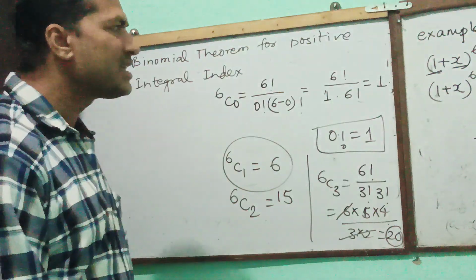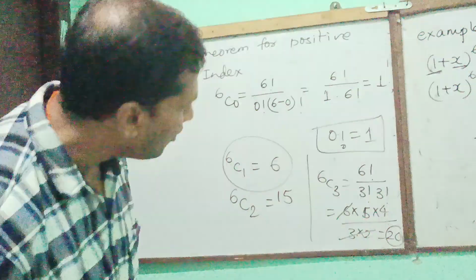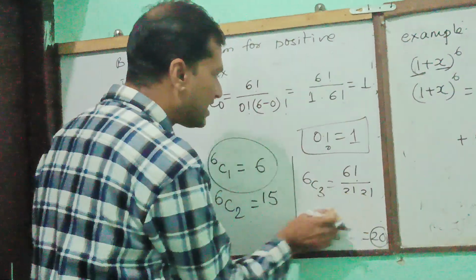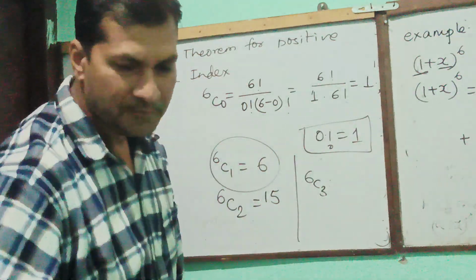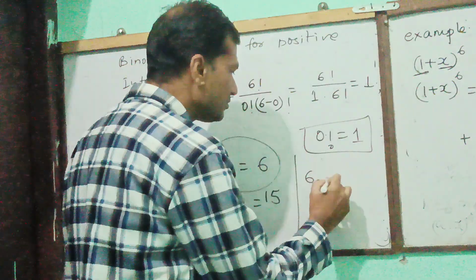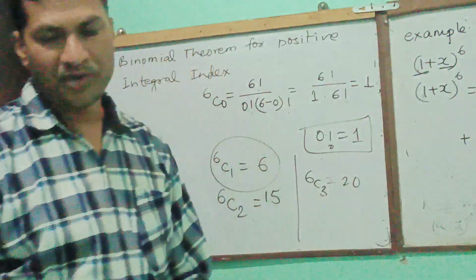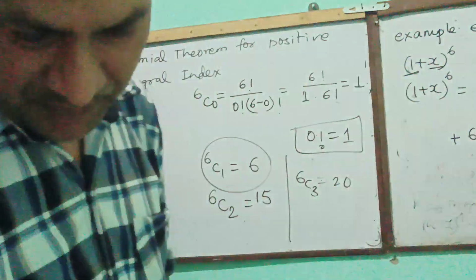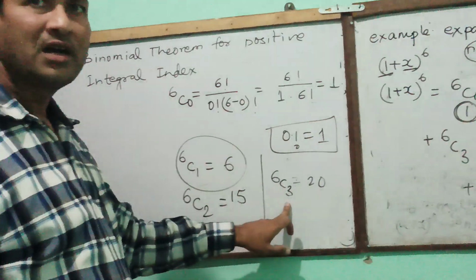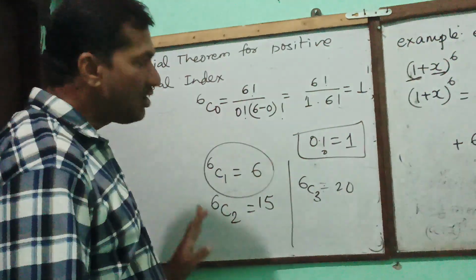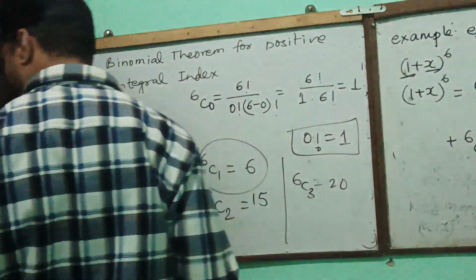So 6C3 is 20. Now go for the last one, from the last.